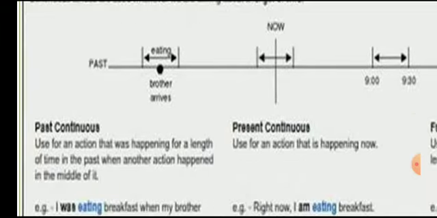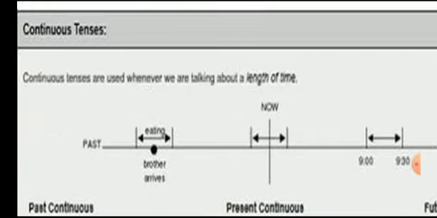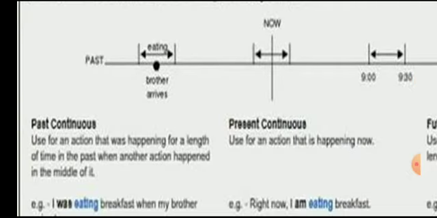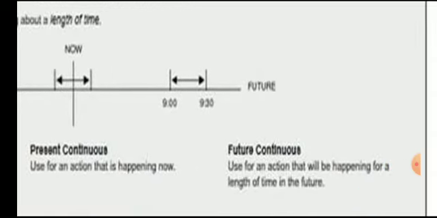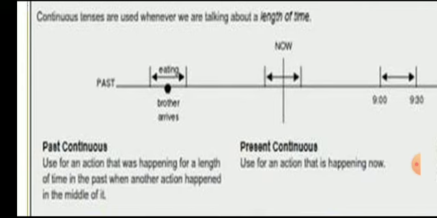So here I have shown a timeline. It is to express a state or an action that was continuing at a certain point of time. For continued action, we are supposed to use continuous tense. Here I have given the comparison among past continuous, present continuous, and future continuous.